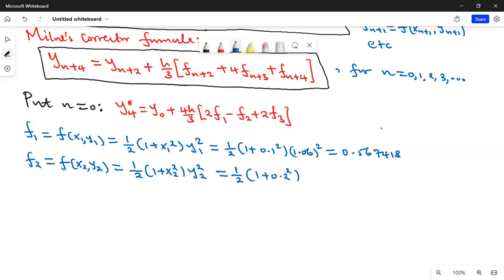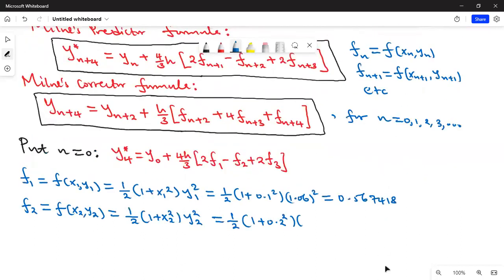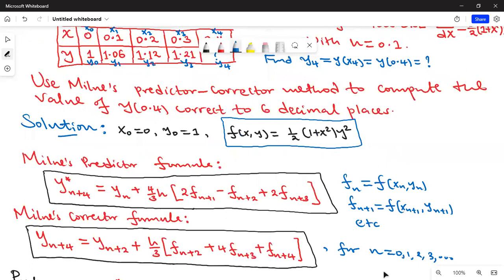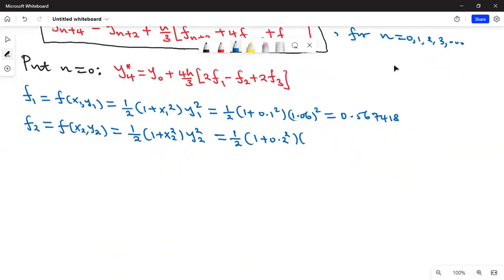We need to square this. What about our y2? Check from the table. That is 1.12. Again, that is supposed to be squared. 1.12 squared. Press this in your calculator. That should give you 0.652288.